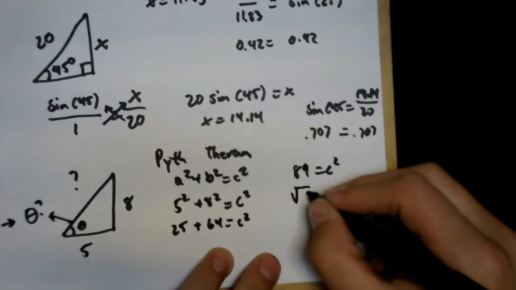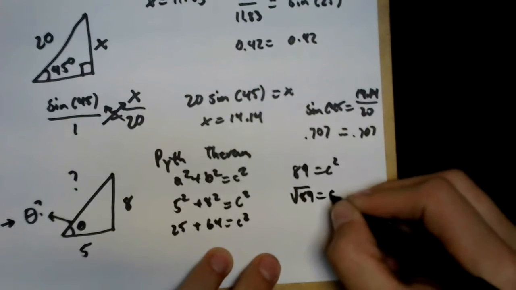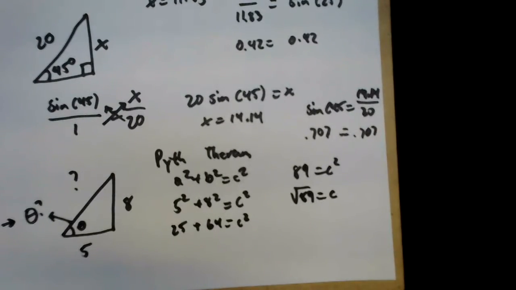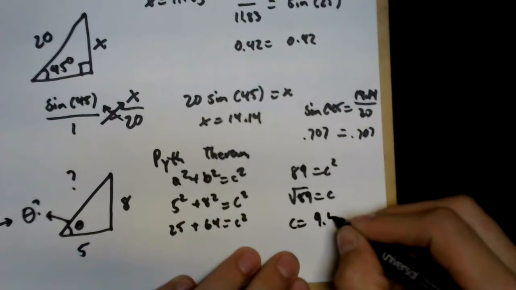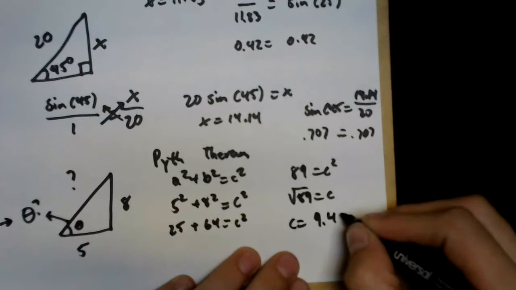So c is the square root of 89. And if you want to get into decimal format, you could say c is 9.43.